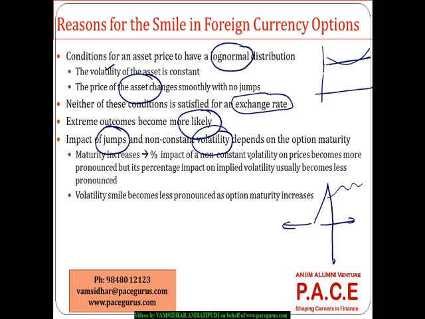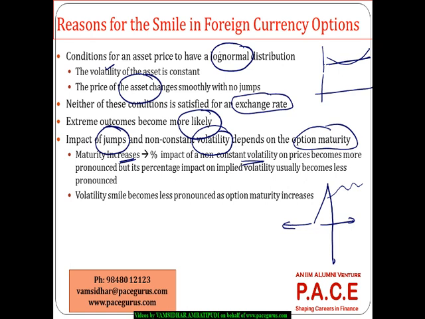and the volatility can keep changing with time, especially with respect to the option maturity. So especially when the maturity period is increasing, and I am looking at a non-constant volatility. See, let's say there is a long time period to maturity, and the volatility is not constant.